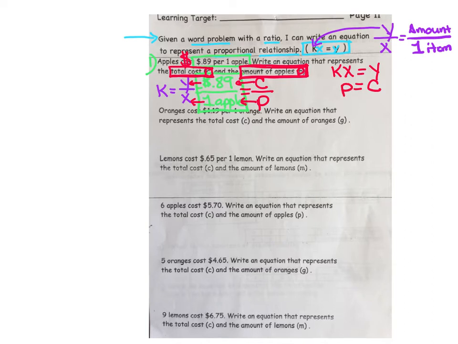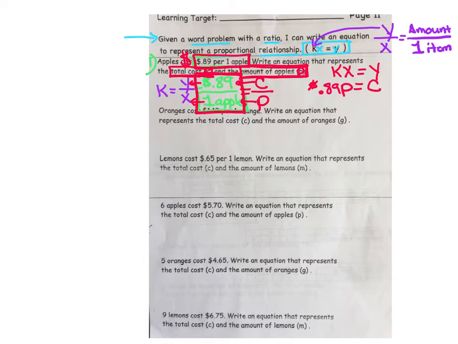Now, what about that K value? Well, since this is given in terms of a unit rate, that ratio is 89 cents per one apple. That is your K rate. We don't have to do any calculations to figure out the K rate.